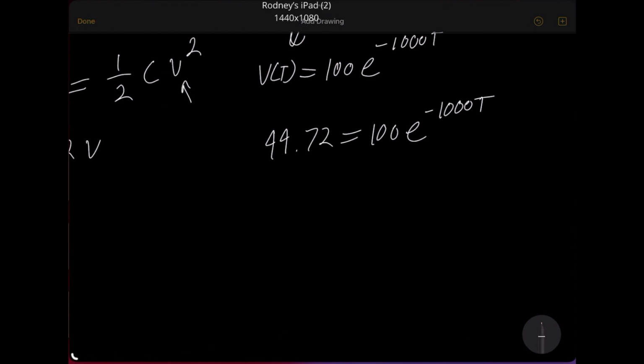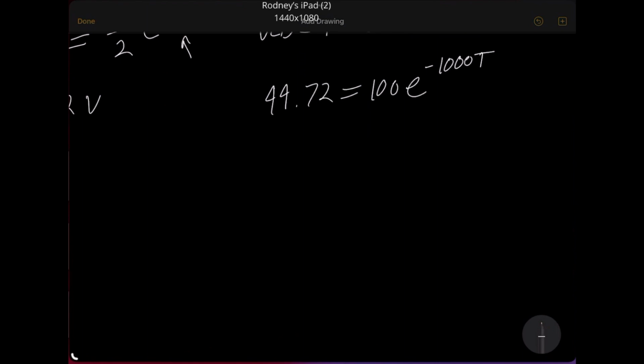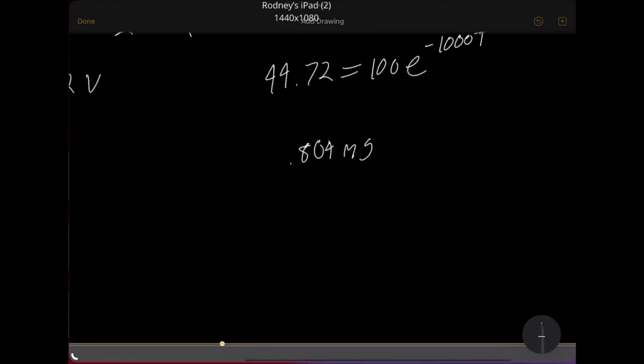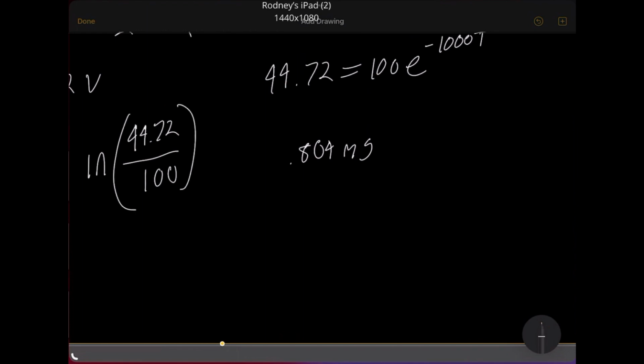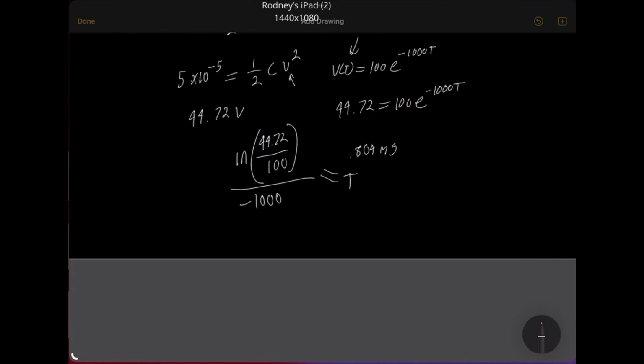And we get 0.804 milliseconds. That will conclude our problems. Just to put that in steps, it's going to be 44.72 divided by 100. Grab the natural log of this number, and then we're going to divide that by negative 1000. And that'll give us t, the time we want.